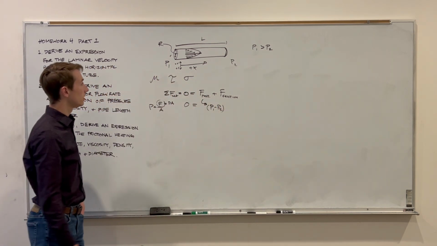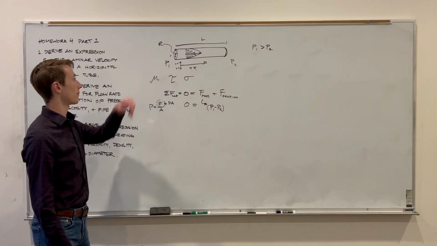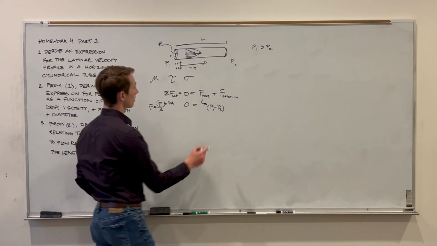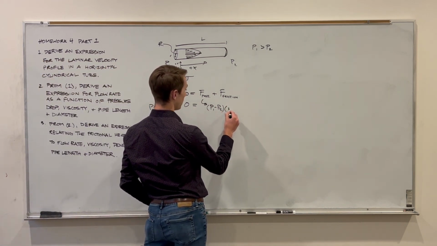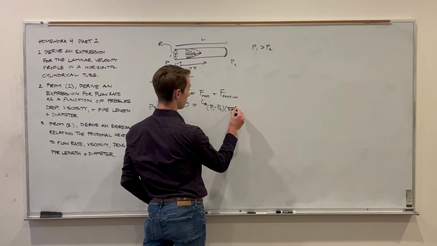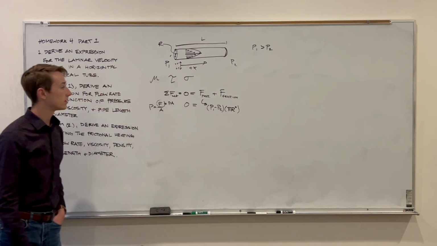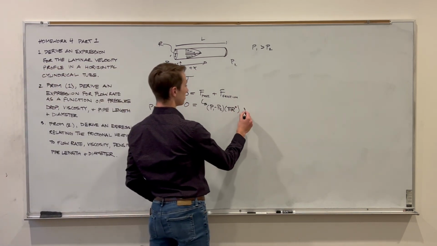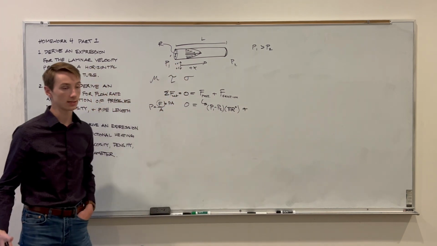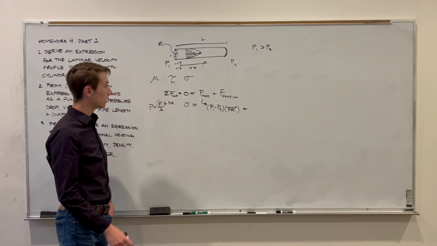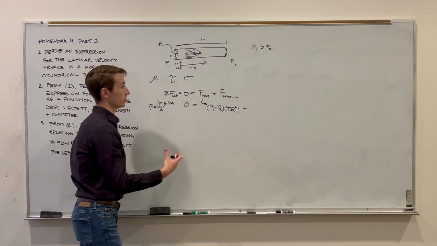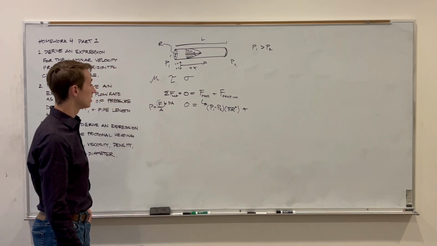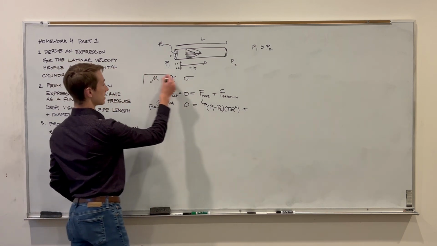If we define the radius as capital R, then we can say that the area is pi times R squared, okay? To that, we have to add the force due to the viscous effect of the fluid. And that's going to be a force acting in the opposite direction, resisting its flow. So that's where these guys are going to come in.